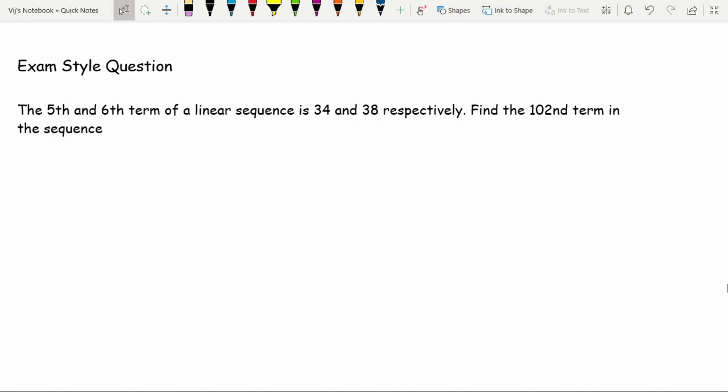Now, a couple of key things you need to notice when you're reading this question: here we're not given the start of the sequence, we're only given the 5th and the 6th number. So if I start this off, as if I'm about to play hangman, I've got 5, 6. We know that the 5th number is 34, and the 6th number is 38.